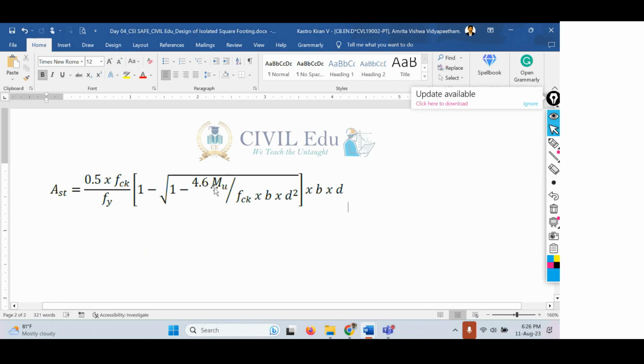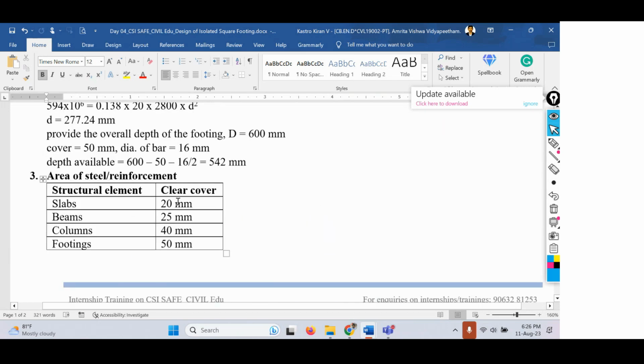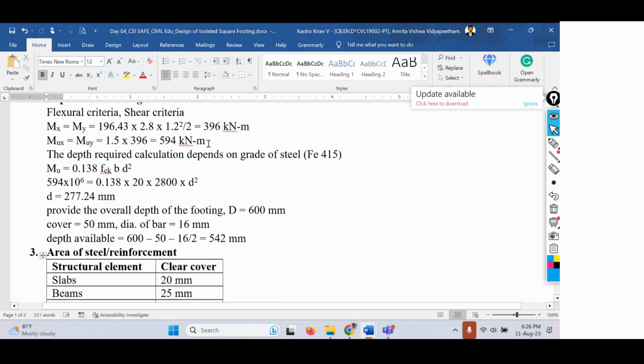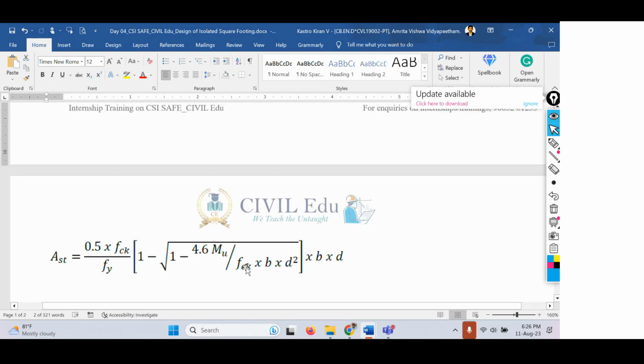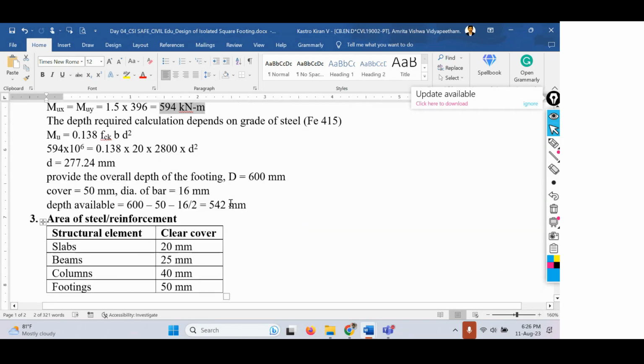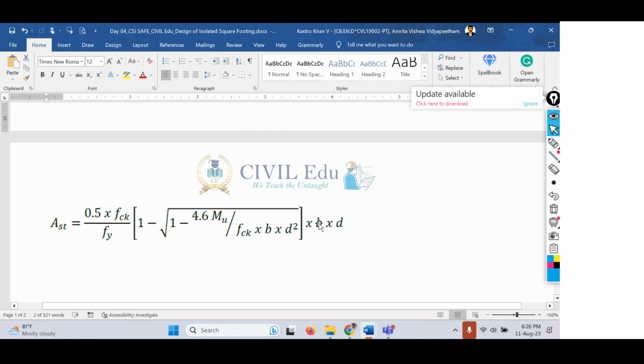Mu is the ultimate moment, or maximum moment, which is 594 kilonewton meter. fck is the grade of concrete. B is 2.8 meters, that is 2800 mm, and the effective depth D will be 542.